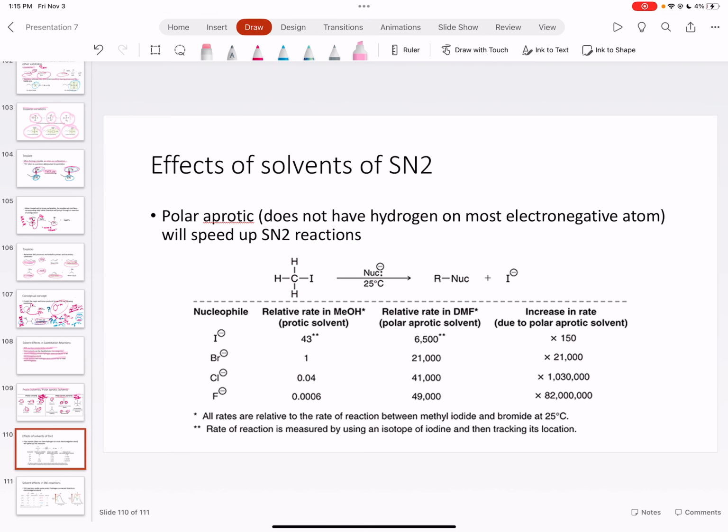And I just wanted to show you guys the rate charts. So effects of solvent on SN2: polar aprotic solvents will speed up SN2 reactions. Polar aprotic are the ones that don't have it directly connected. And you can see here that it just increases the rate. So increase in rate due to polar aprotic solvent.